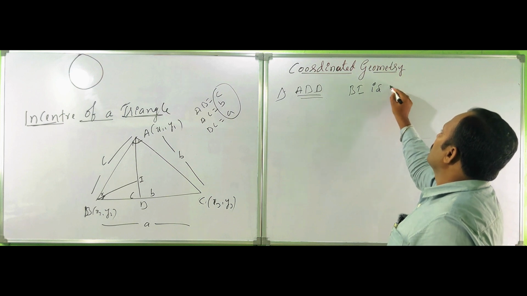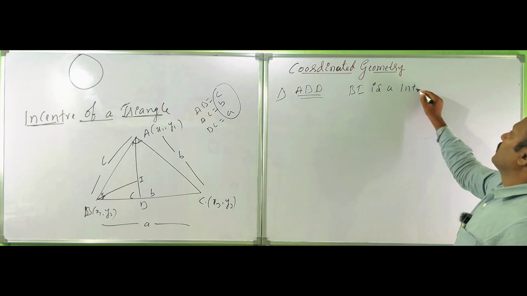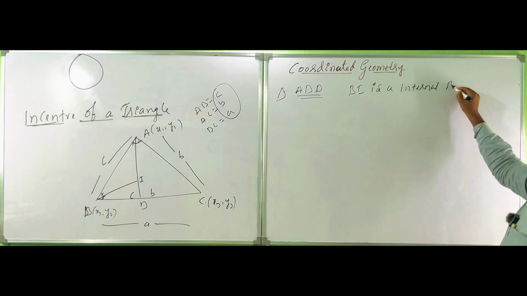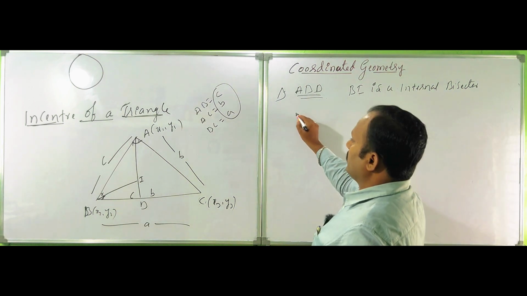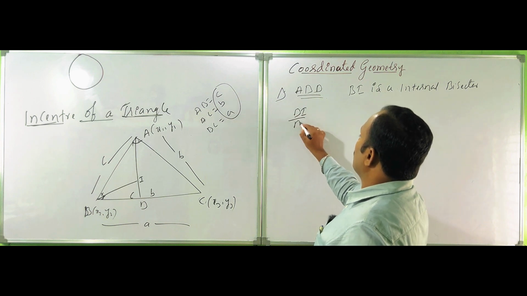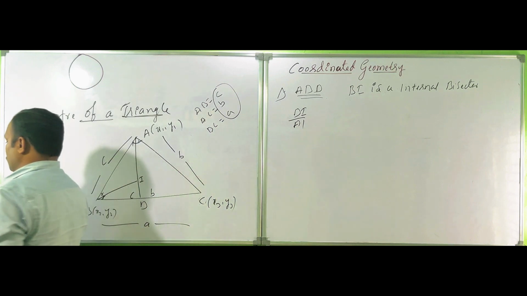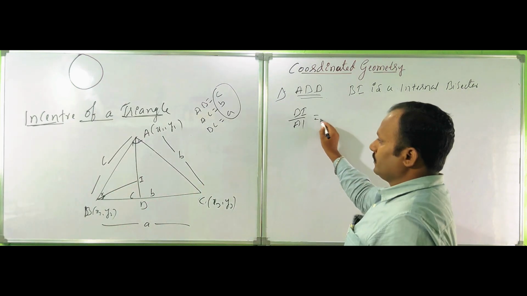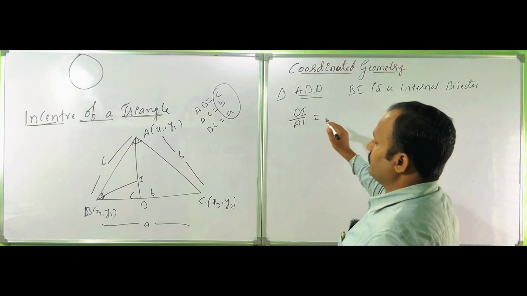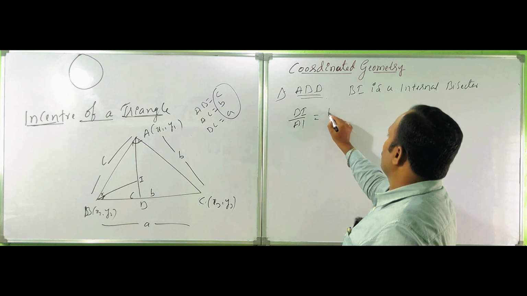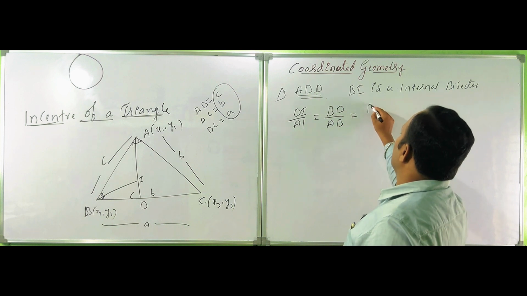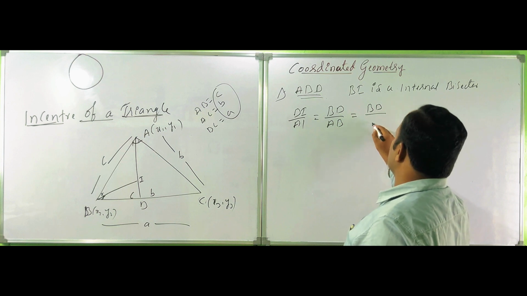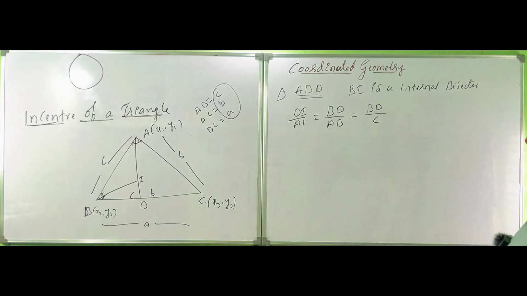Then DI by AI is equal to BD by AB. You have to find the ratio. What is AB? It is c. So DI by AI is equal to BD by c.